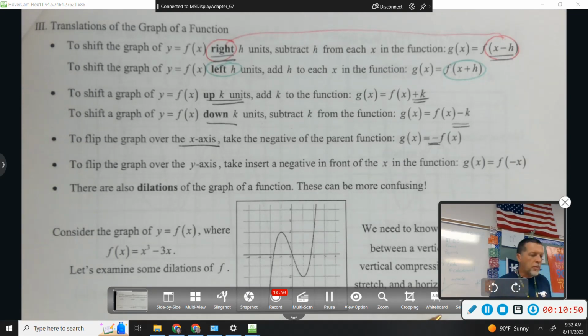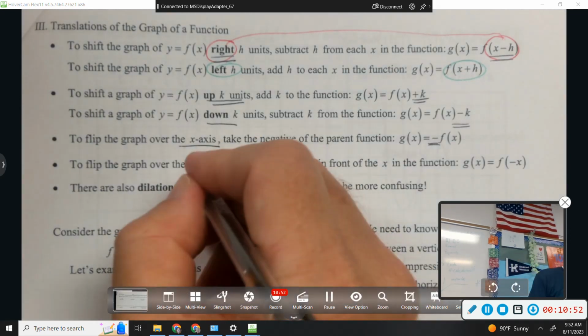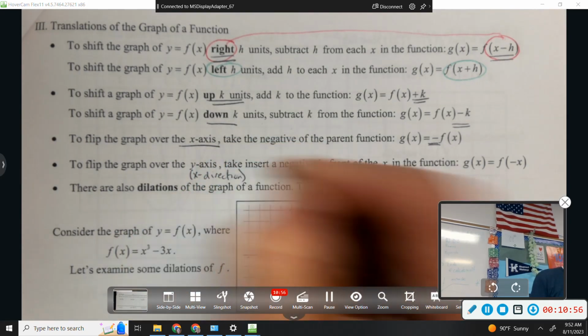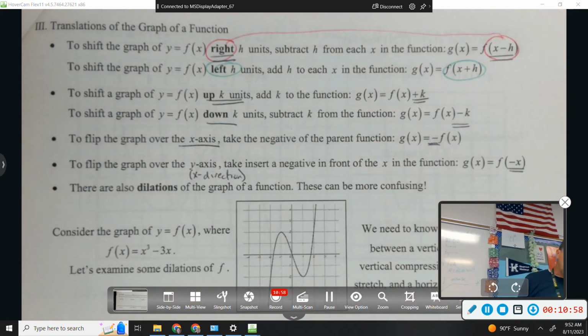If you want to flip it over the y-axis, meaning flip it in the x direction, you put a negative in front of the x. Okay, that should be old news. Are we okay with that? You've done that 100 times in Algebra 2. Shifting things around, taking those parent functions and moving them up 5 and right 3 and flipping them over and stretching them out and all that stuff.